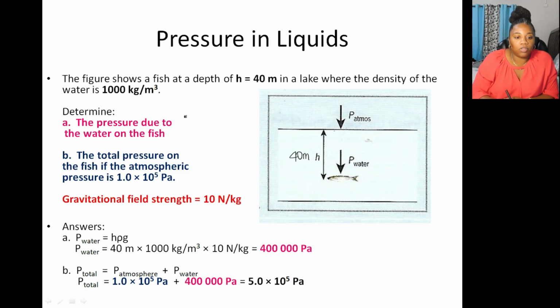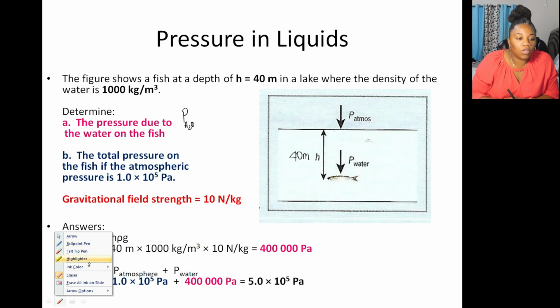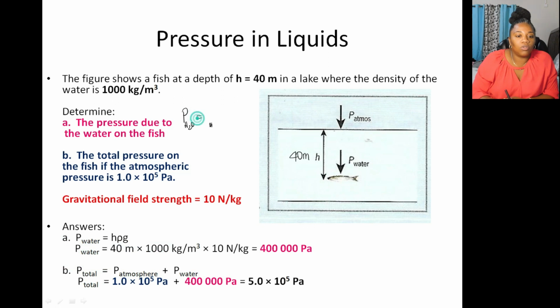So we would say pressure of the water will be equal to rho g h. And we know that we're dealing with 1,000 kg per meter cubed times 10 newtons per kilogram times 40 meters.